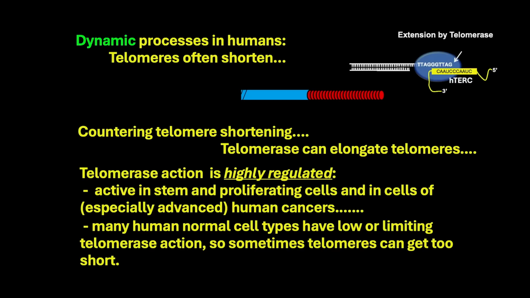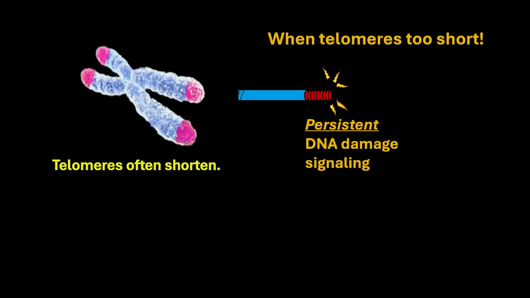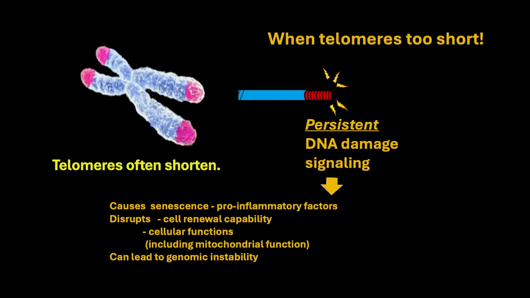So telomeres can get too short, and the consequences of them getting too short, that poor end now is not a lovely protected end. It's now an end that looks like a broken DNA, and the cell then responds to that with persistent DNA damage signaling. And it's not like an internal break in the chromosome that gets healed and then the signaling stopped. The signaling of DNA damage signaling, which has been well studied, has consequences, and I'll just outline them here.